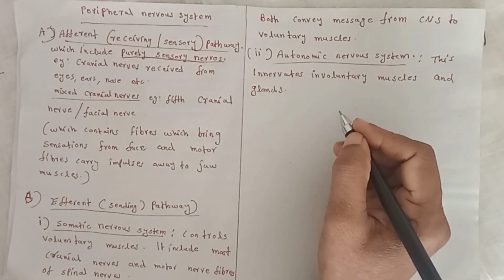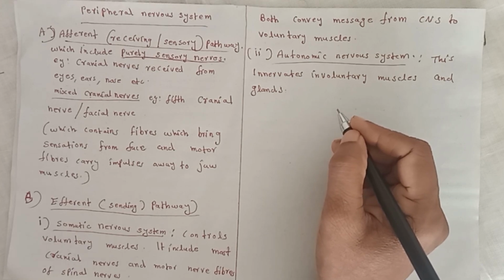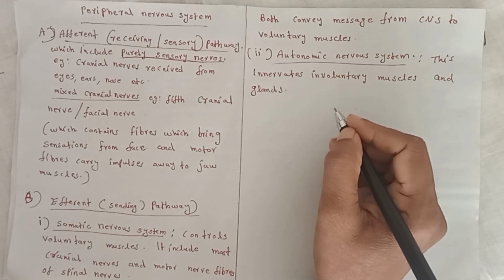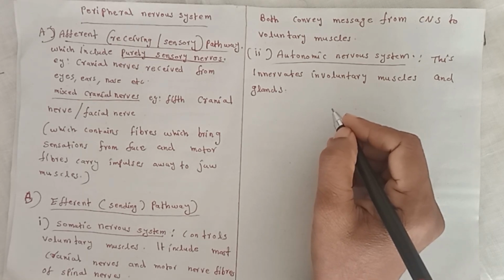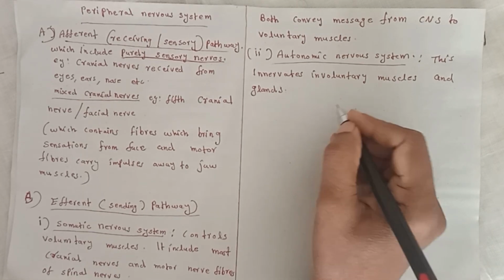It consists of a pair of chains of ganglia and nerves on either side of the backbone.